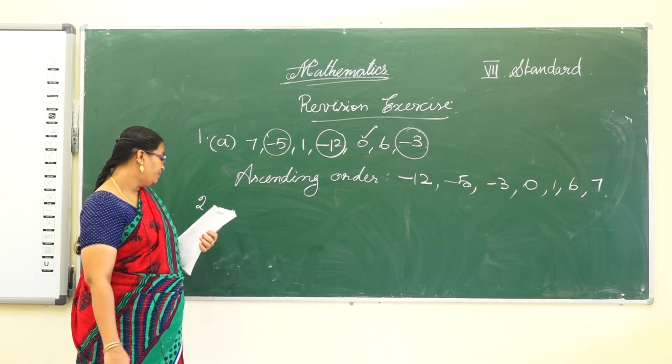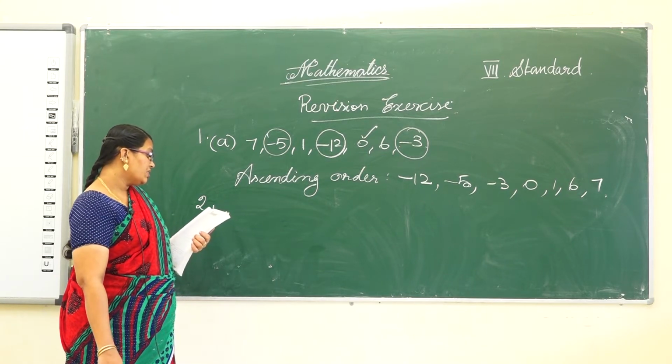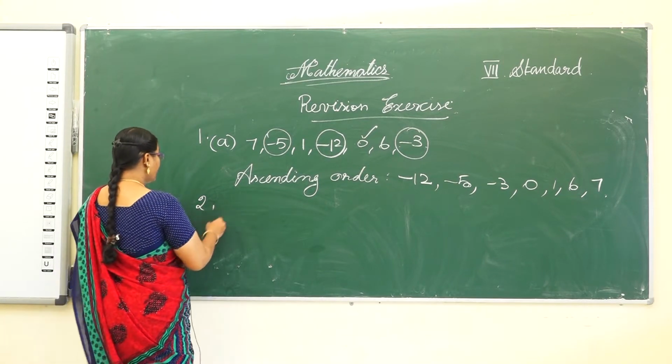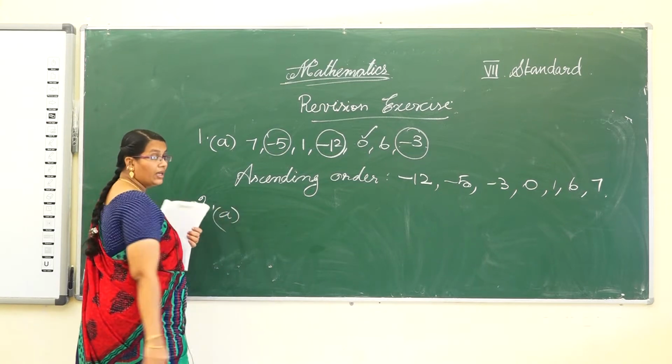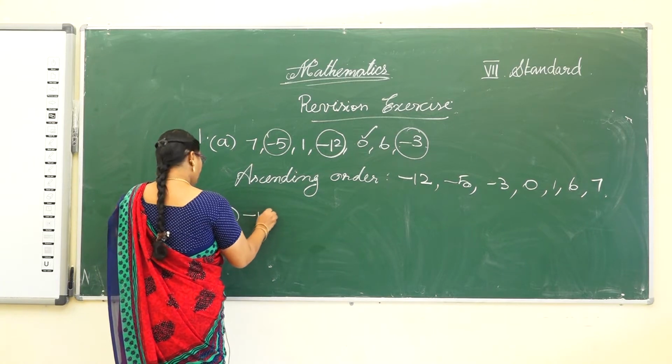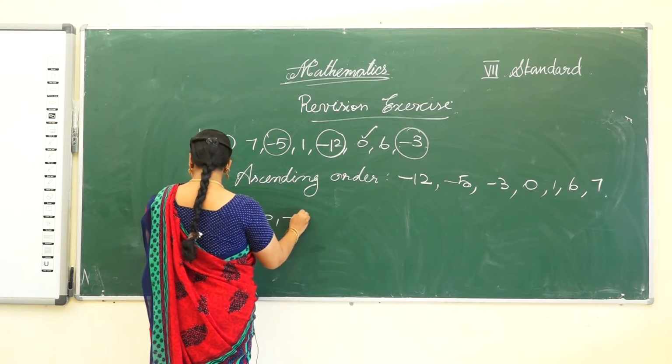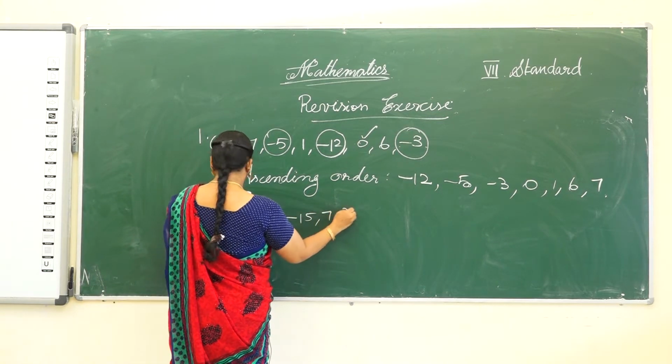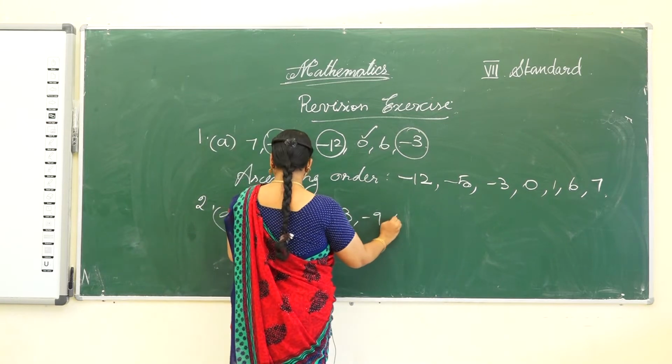And second one, arrange the following integers in descending order. Here also we consider option A. The given integers are minus 10, minus 15, 7, 3, minus 9, 4.